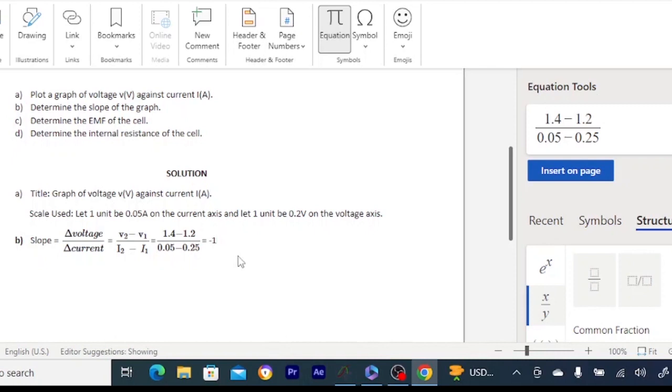So this is my answer. My answer here is -1. I think I'm done with this.